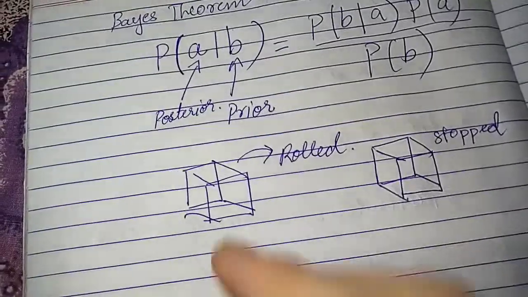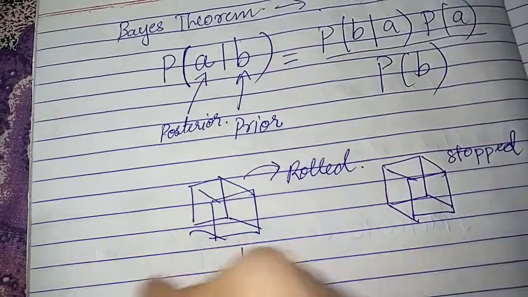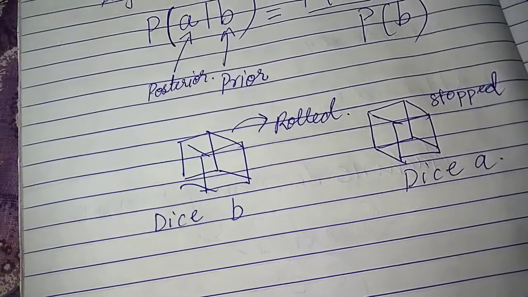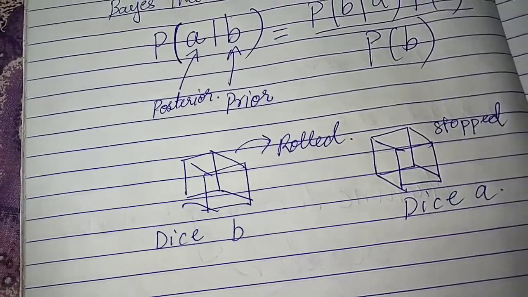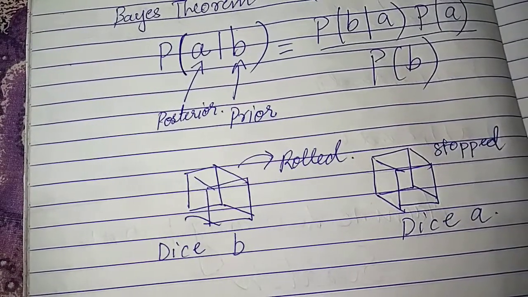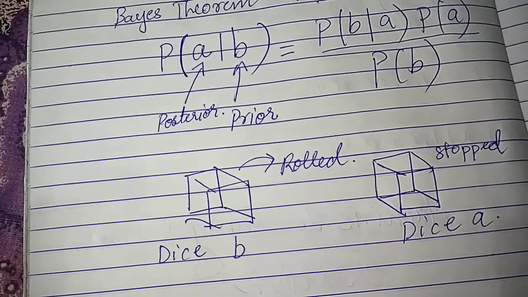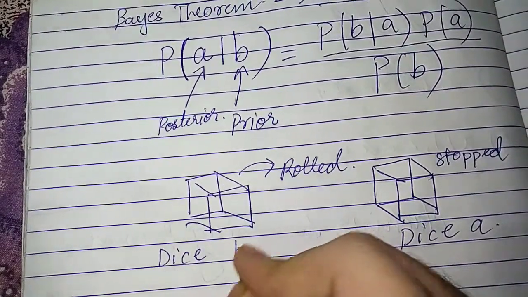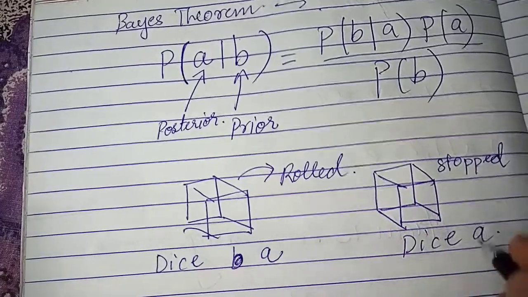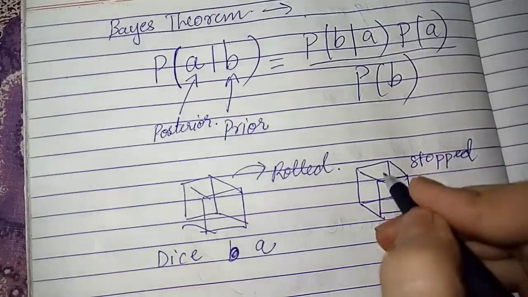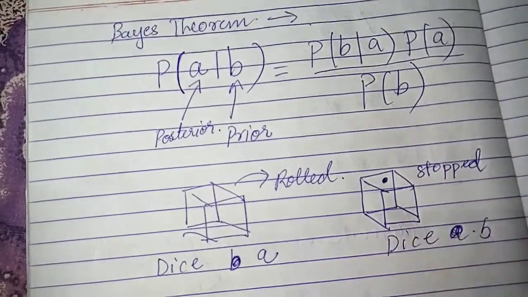So this is die B, and this is die A. Sorry, this is A and this is B. Okay, so here in this case die B has stopped and it has yielded 1 as a result.